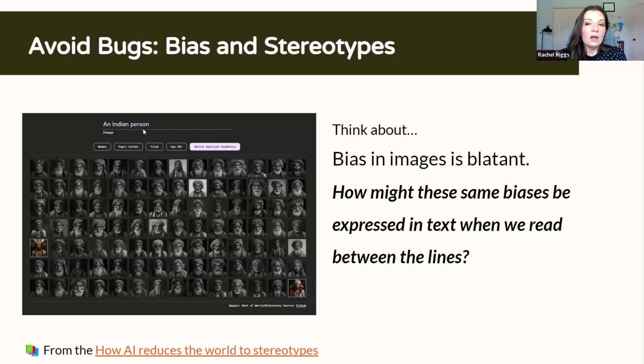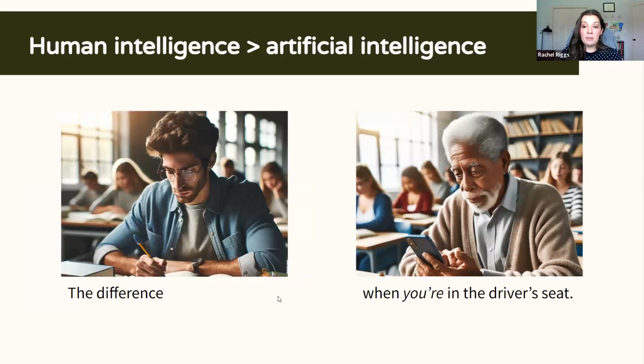Yeah. And just always remembering that you as a human can verify these things, that no technology is perfect. This is an example of, I was looking for an image of an adult learner, and the adult learner that it produced wasn't like what I was used to seeing in my classroom.